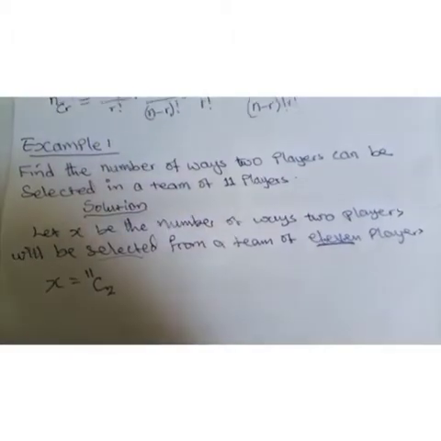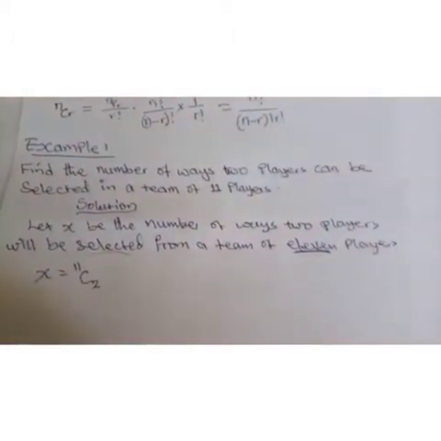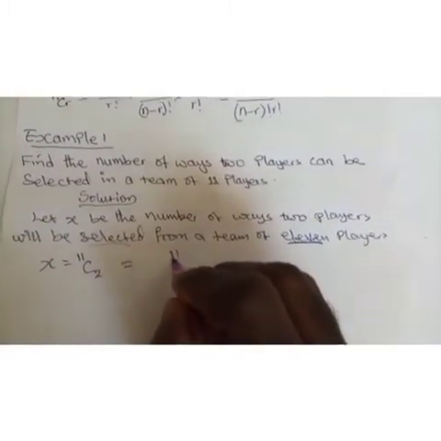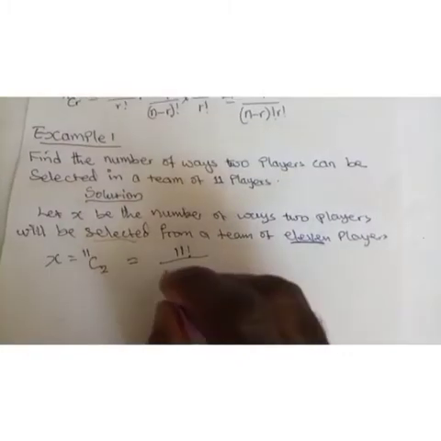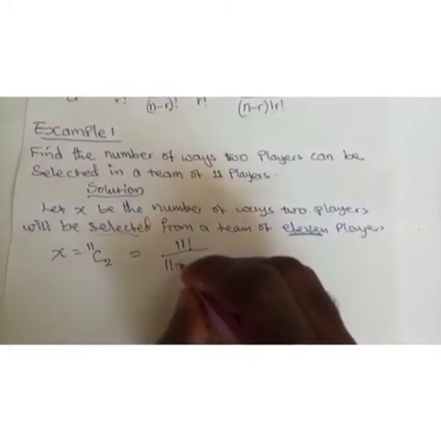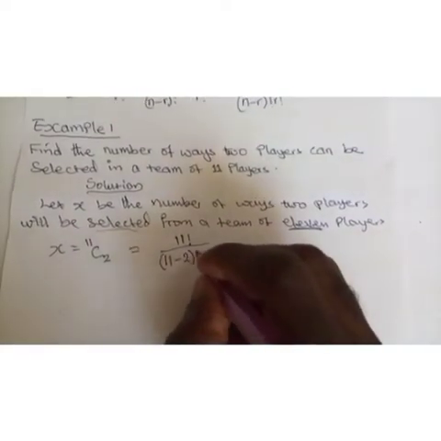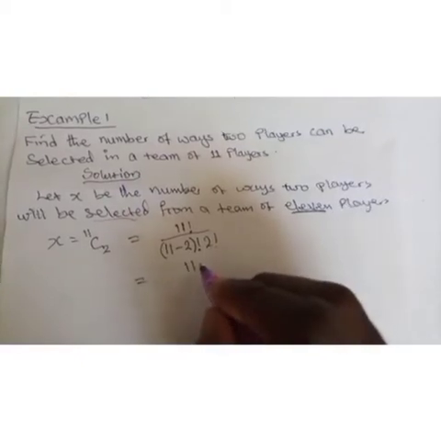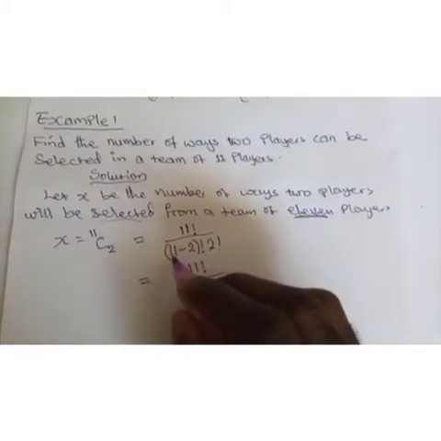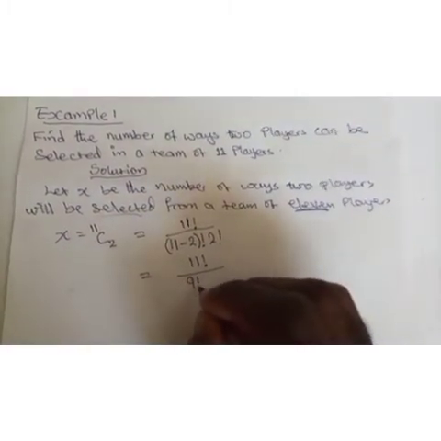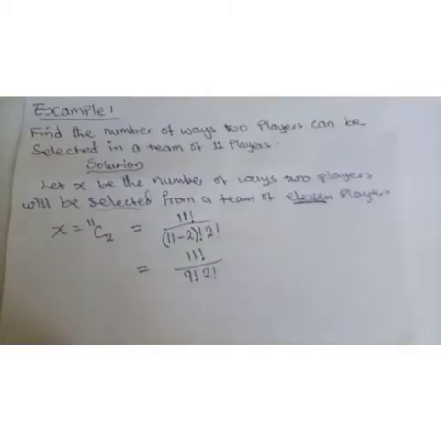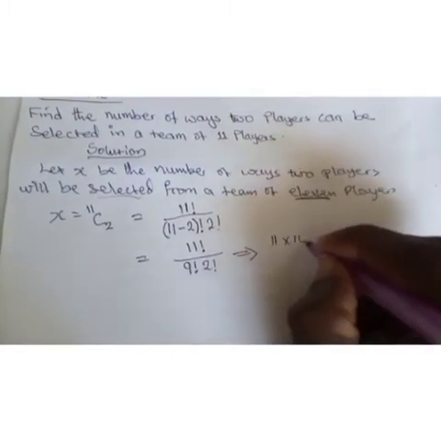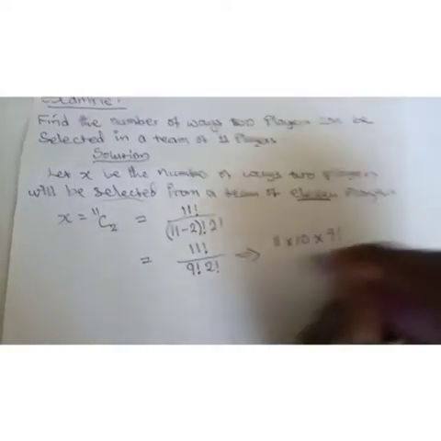This has to do with selection, not ways of arrangement. 11 combination 2 will be written as 11 factorial all over 11 minus 2 factorial and 2 factorial, which is equal to 11 factorial over 9 factorial 2 factorial, since 11 minus 2 is 9.